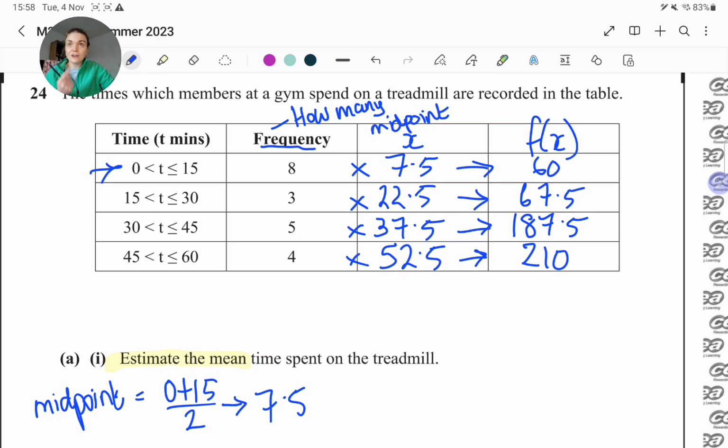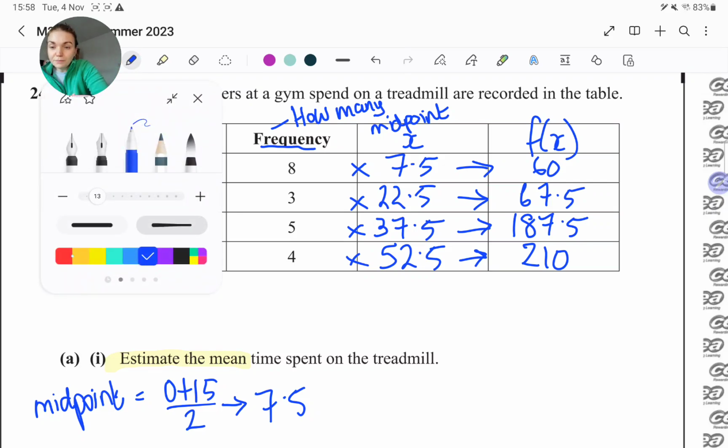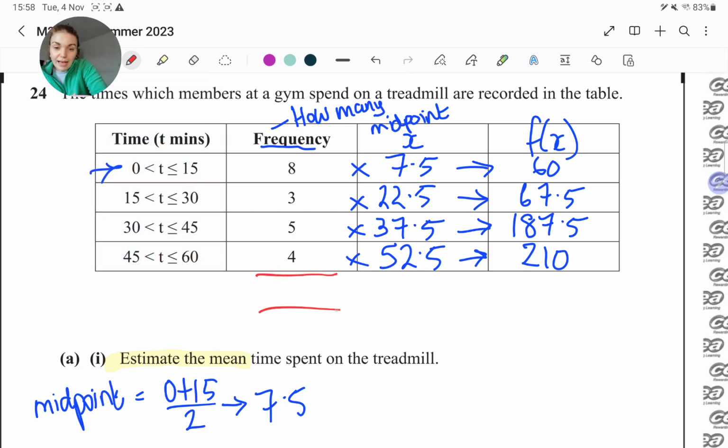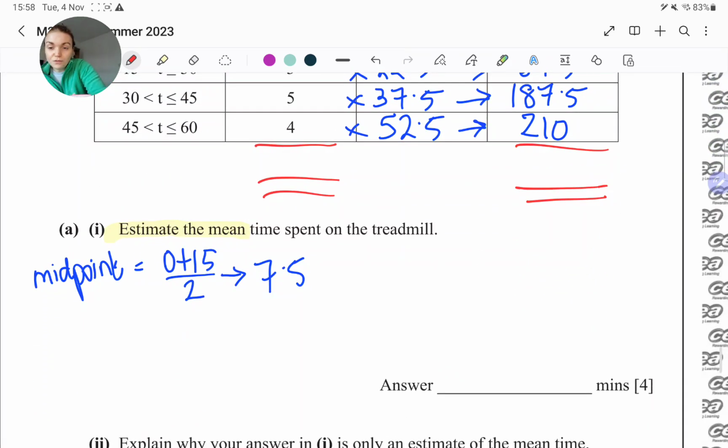Every time you're doing an estimated mean question, that's the way you want to do it. First you find your midpoint, which gets you all your X values: add together, divide by 2 for the midpoint. Then you do your f of X, frequency times midpoint. Then we're always totaling columns 2 and 4, because the formula for estimated mean is sigma fx divided by sigma f.